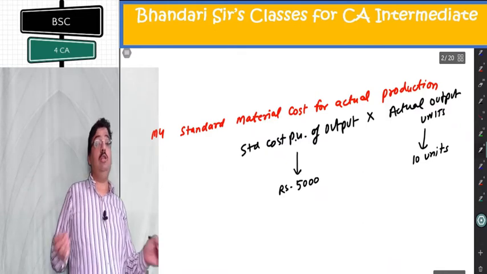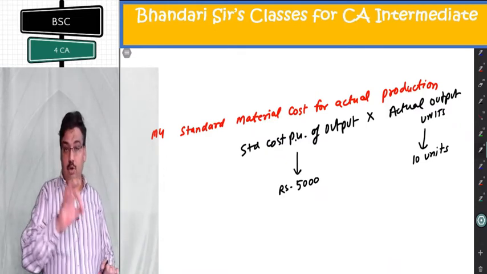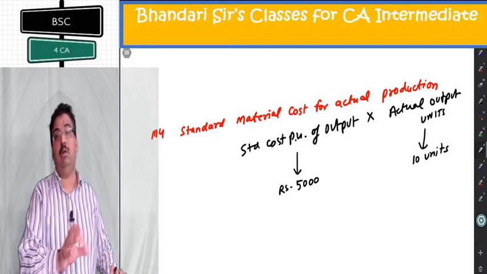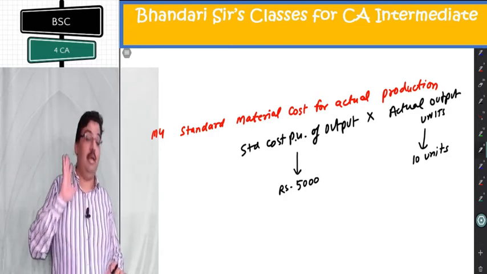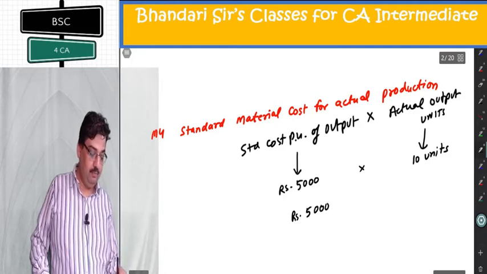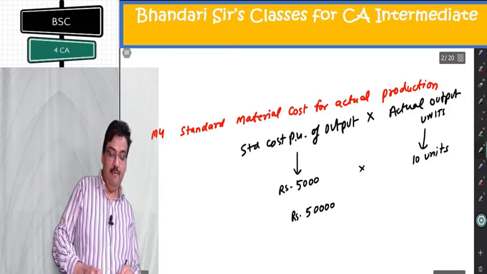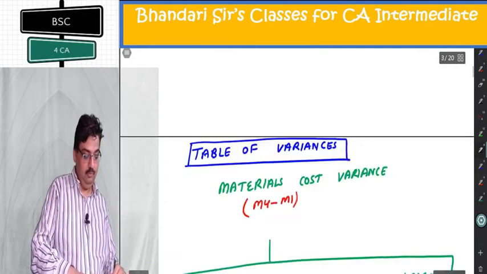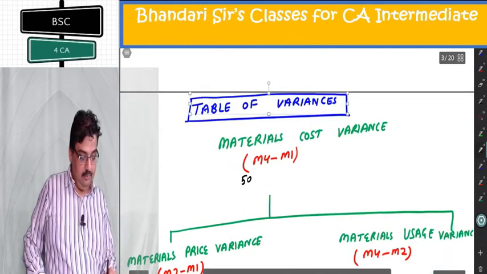There is no loss concept in the question. For 1 unit of output, all inputs are given, all cost is given, and 10 units are produced. So I get rupees 50,000 as M4.